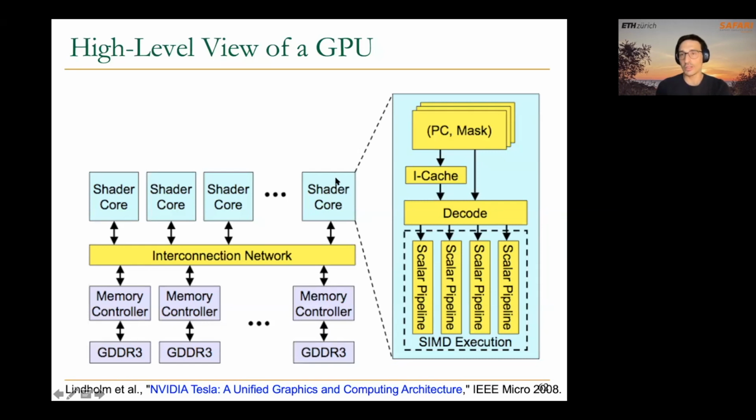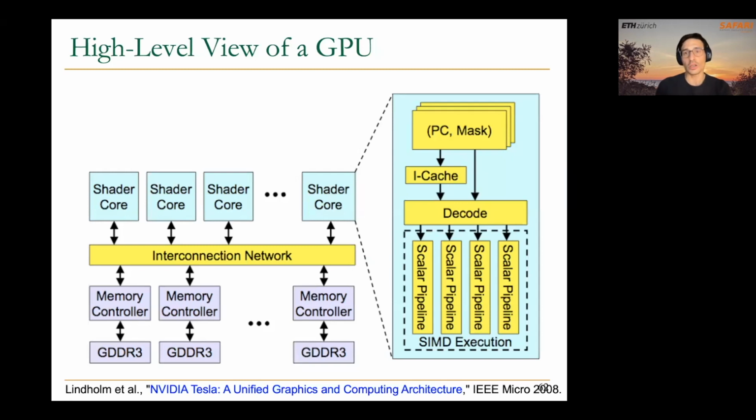It's also called a streaming multiprocessor in NVIDIA terminology. If you look inside this shader core, what we find is multiple of these hardware contexts with PC and mask for the different warps. And then we have here an instruction cache, a decode stage, and then the execution unit that is composed of multiple scalar pipelines where we execute the instructions for the different elements being operated on by the different threads that belong to the warps.